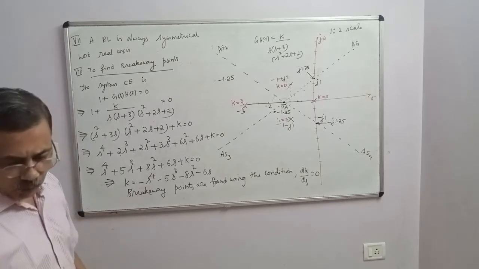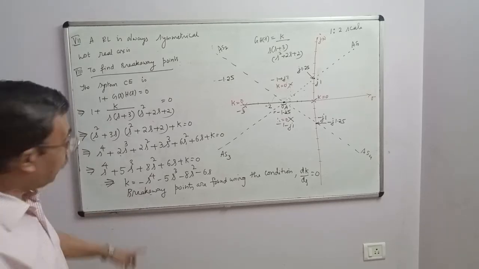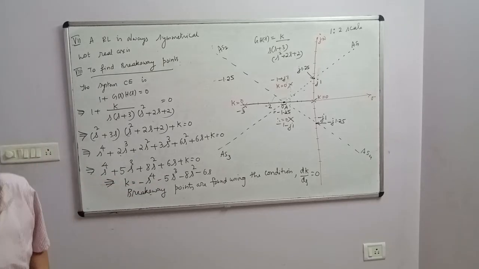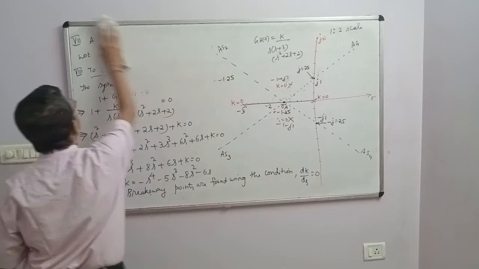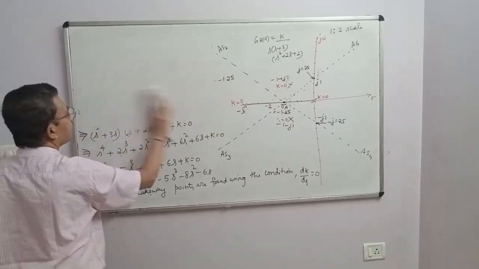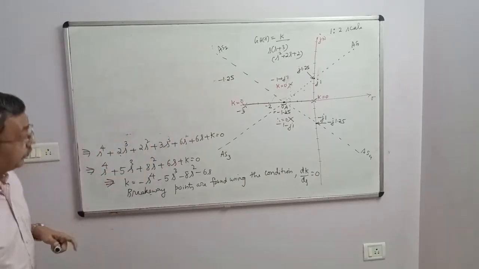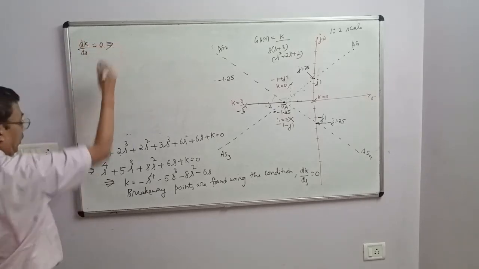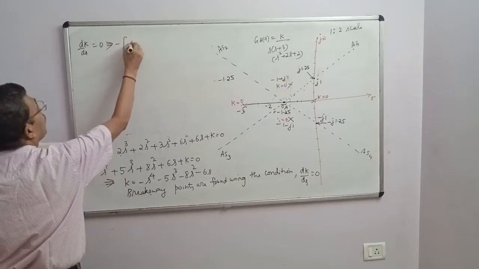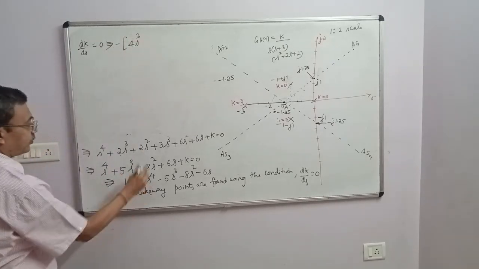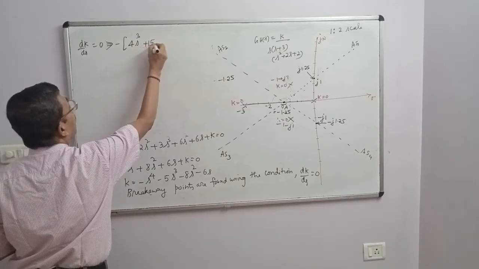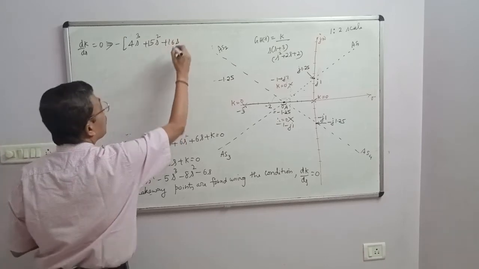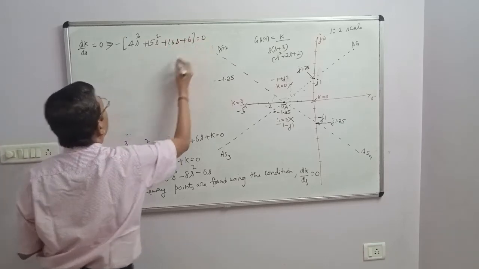So k is minus s to the power 4 minus 5s cube minus 8s square minus 6s. dk by ds equal to 0 implies, differentiate this, minus 4s cube plus 15s square plus 16s plus 6 equal to 0.